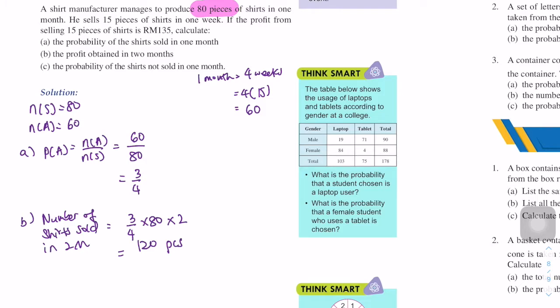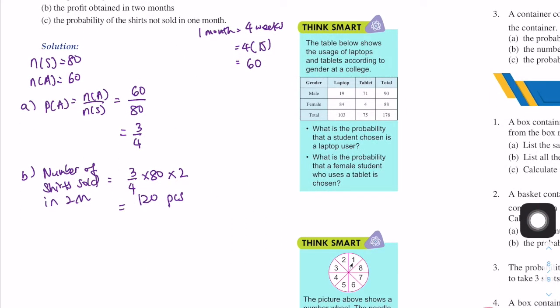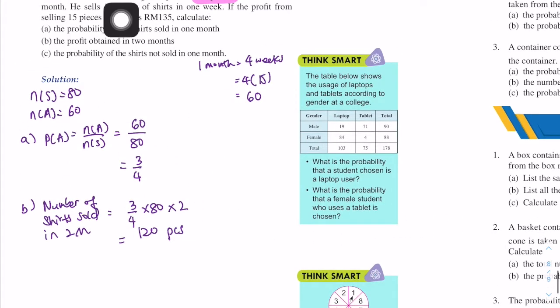Then, what can we do next? From the question, the profit from selling 15 pieces of shirt is 135. So we know that for every 15 pieces he gets 135. We have 120 pieces, so we want to know how many groups of 15 are inside this 120. So we write it as total profit: 120 divide by 15. Kenapa kita bagi 15?